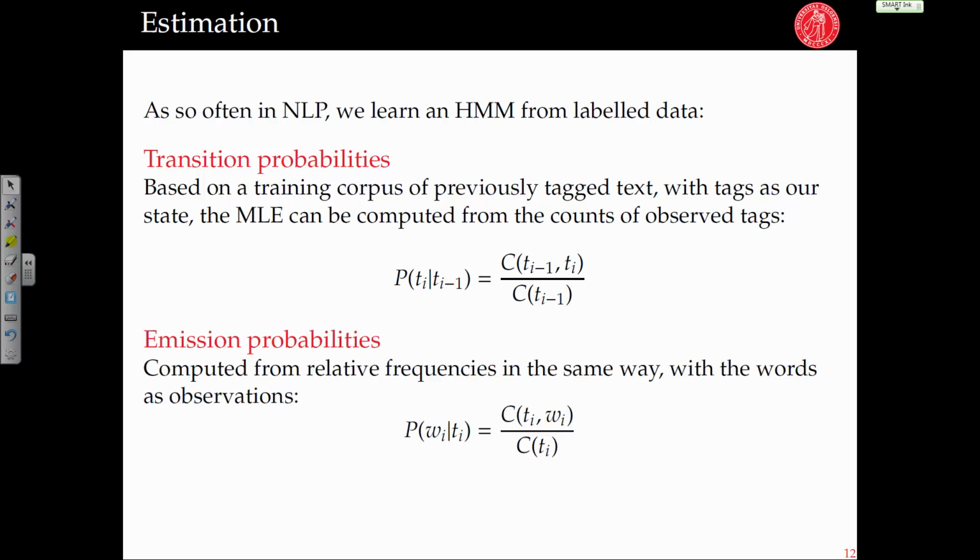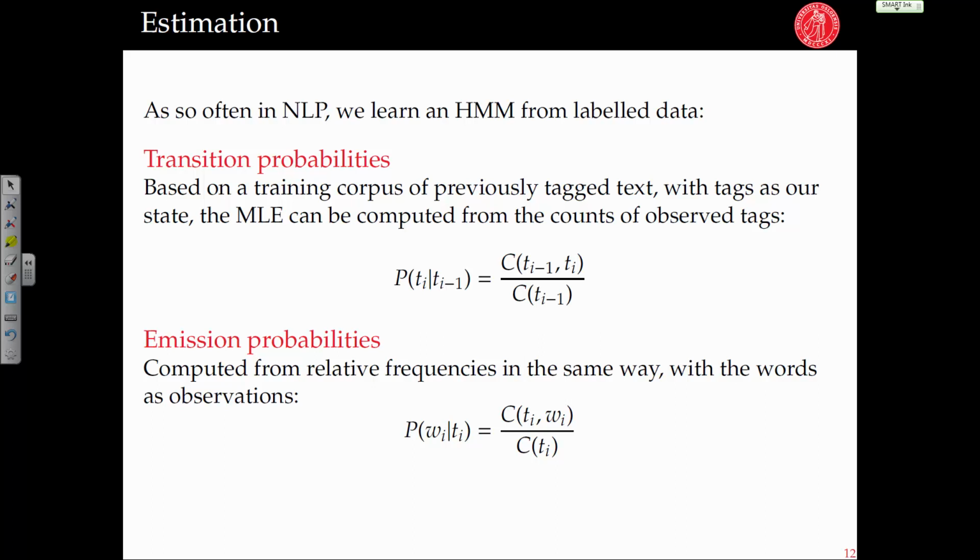The emission probabilities are also computed the same way, with maximum likelihood estimation. So we have a given word, W_i, and what we want to compute is the probability of W_i given T_i. That is the probability of a word W_i having seen the tag T_i, and this can again be computed from our data set, where each word has been annotated with a particular part of speech tag.